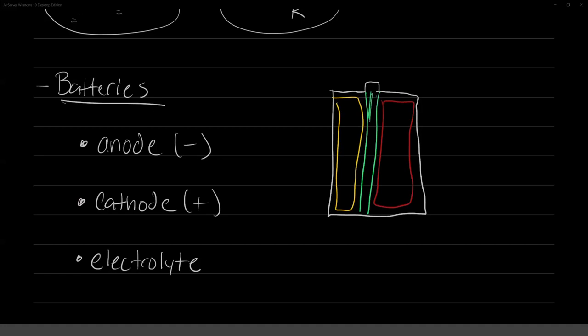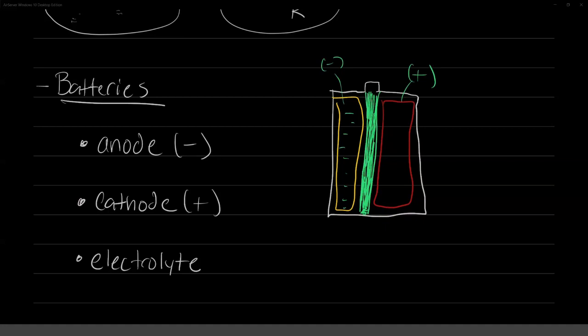Unless they go through this bridge in the middle. She goes into it a little more in detail, but basically there's a chemical reaction between these two sides that causes a buildup of electrons at the anode. So we'll say this is negative, this is positive for now. So a bunch of little electrons get all built up in here, right?